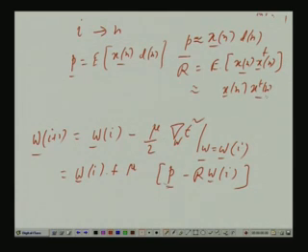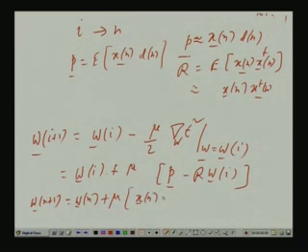If I put them here, what do I get? If I make the substitution, w n plus 1 becomes w n plus mu, x n d n minus x n x transpose n w n.